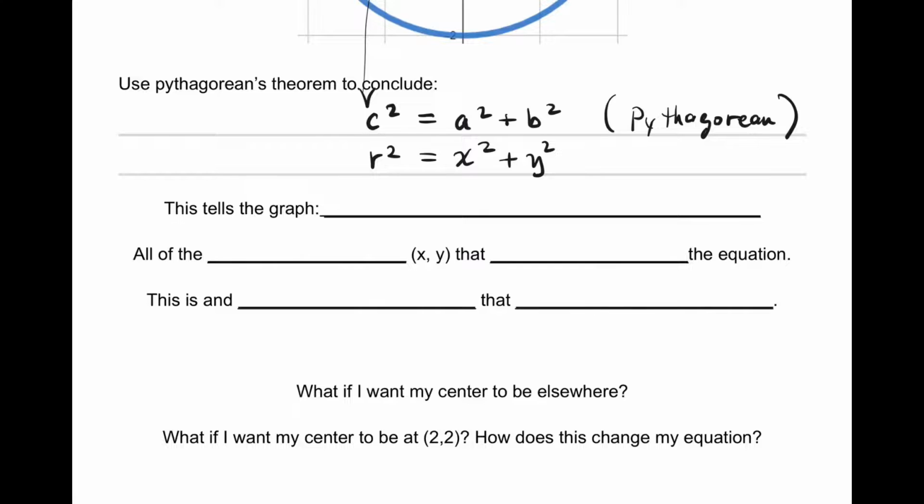This tells the graph literally, check x and y and keep only those who are the right distance away, who are 4 away, if we're talking about 4 in this case.